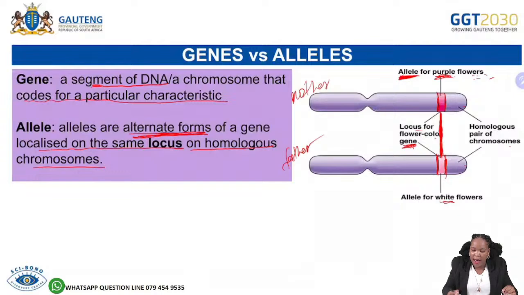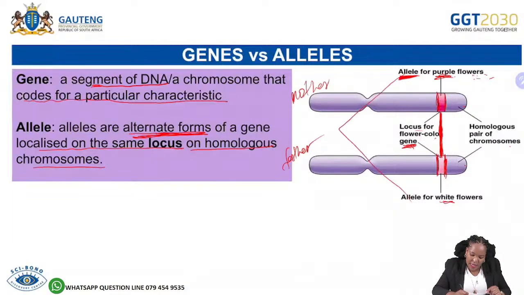Now you see, they are on the same locus, on the same location of these two particular genes. And they are alternative forms, meaning if you talk about height, height has alternative forms. You have tall and short. Then we will talk about another concept where we talk about the dominance and the recessive. This is where you will learn to say, how do you end up having the characteristic that you have? But this is how now you define an allele.